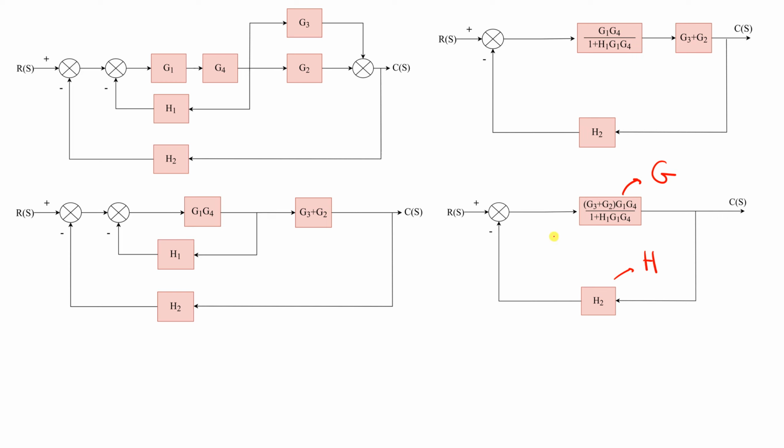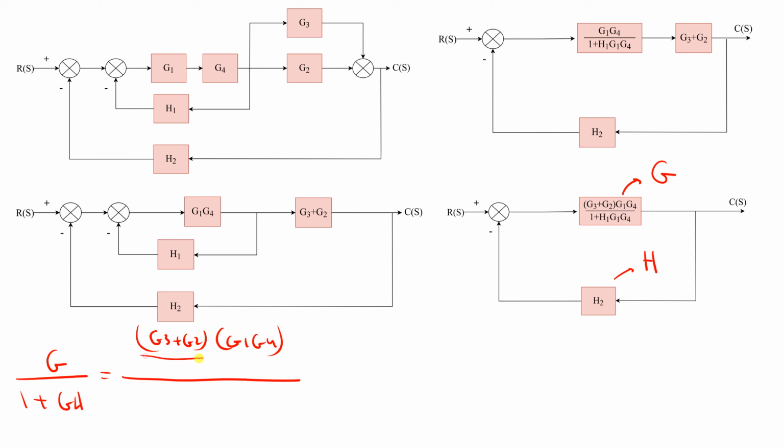So their equivalent will be again G over 1 plus GH, right? G is this part, which is G3 plus G2, G1, G4 divided by 1 plus H1, G1, G4, divided by 1 plus GH.